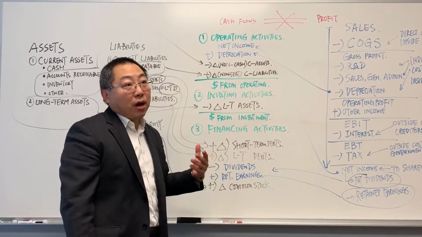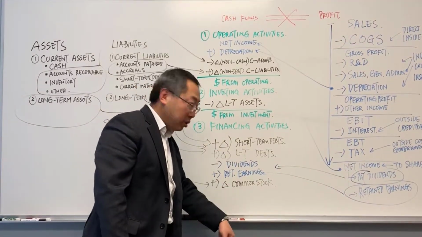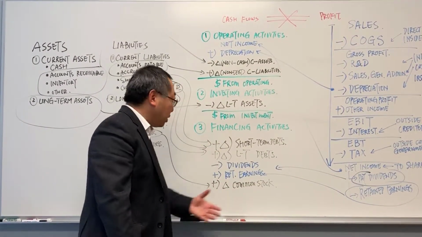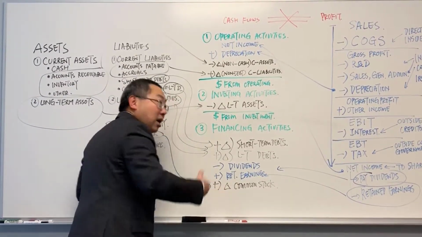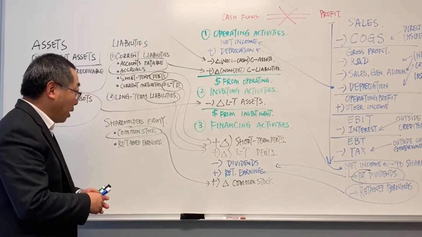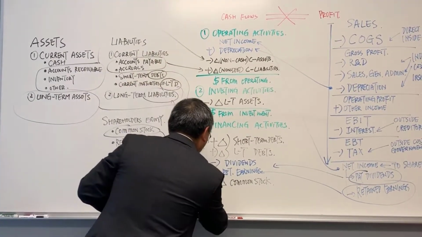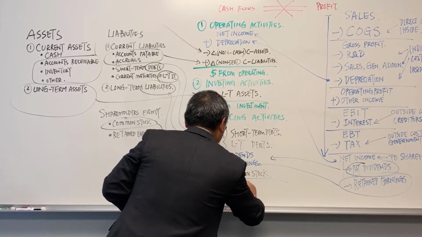On the other side, if companies repurchase stock, the level of common stock will reduce. Because you reduce it, you have a negative side, because you give out cash in order to purchase back your common stock. Again, overall, that will be our cash from financing.